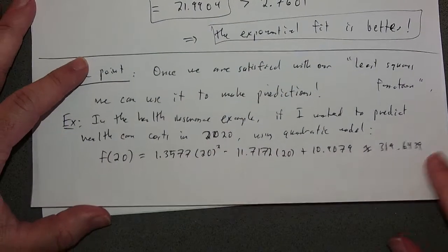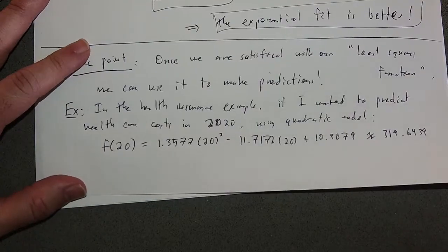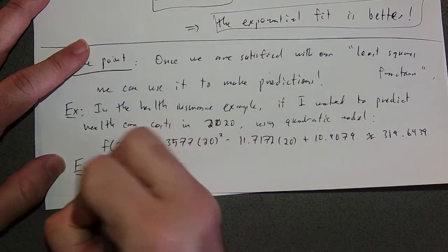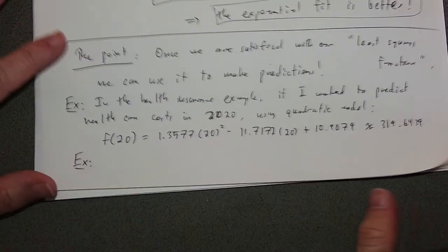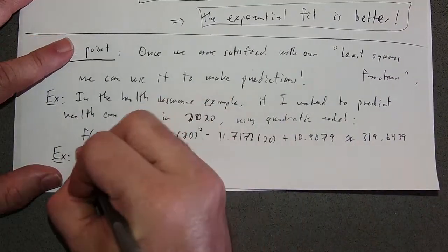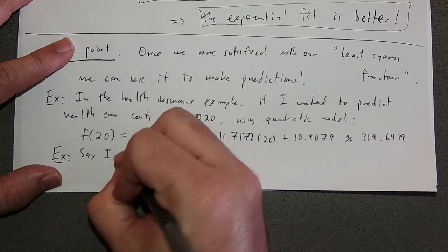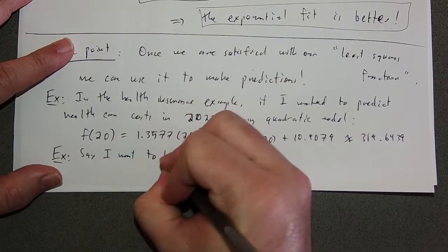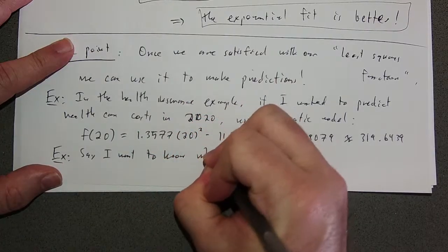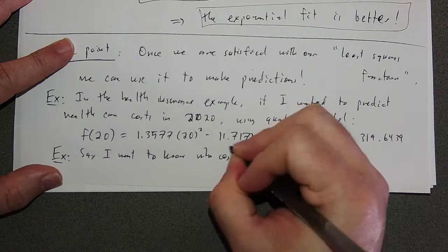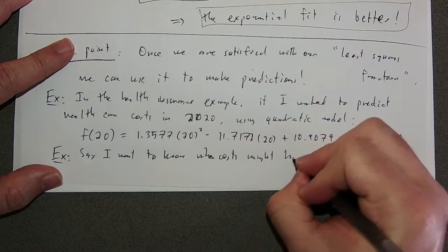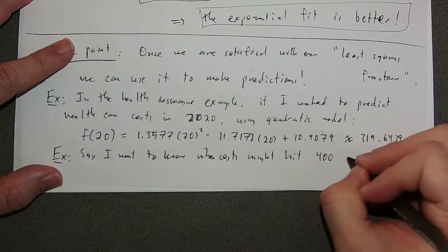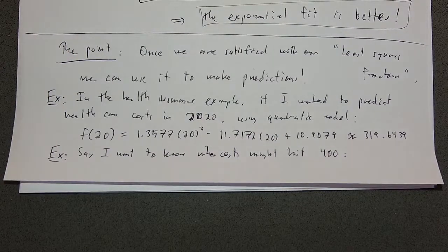And to say that in another way, say I wanted to know when the healthcare costs might hit a certain value, say 400. How would I do that?